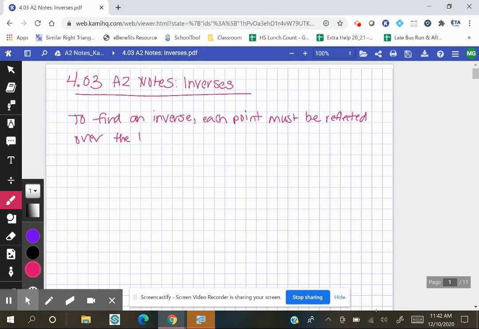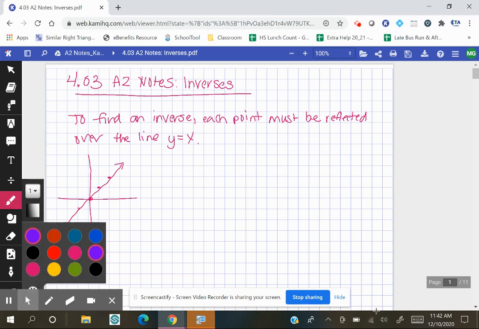And you guys did a lot of reflections last year in geometry. So hopefully you remember that the line y equals x goes through 0, 0, has a positive slope of 1. You can put that in your calculator if you need to see it. And if you were to reflect a point, let's say the point 3, 1, then I would go one diagonal box to get straight to that line, and then I'd go one diagonal box away.